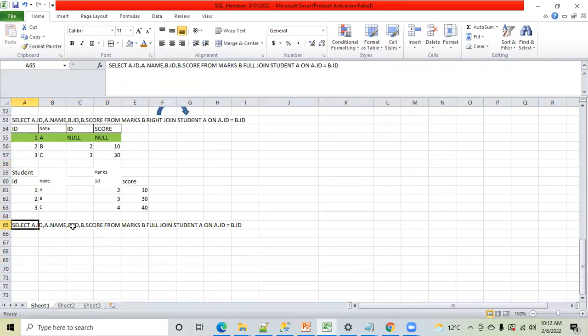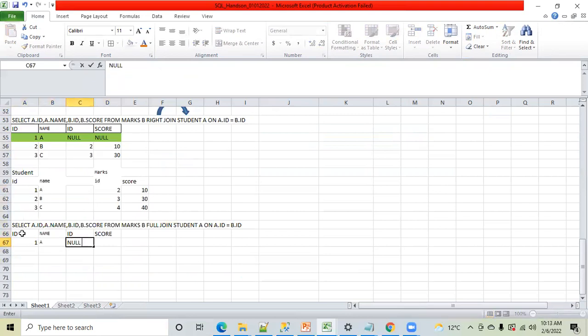Okay, now I want a full join. I've written full join. Can you please help me with the output? 1A, 1A null. Then 2B, 2B 210.